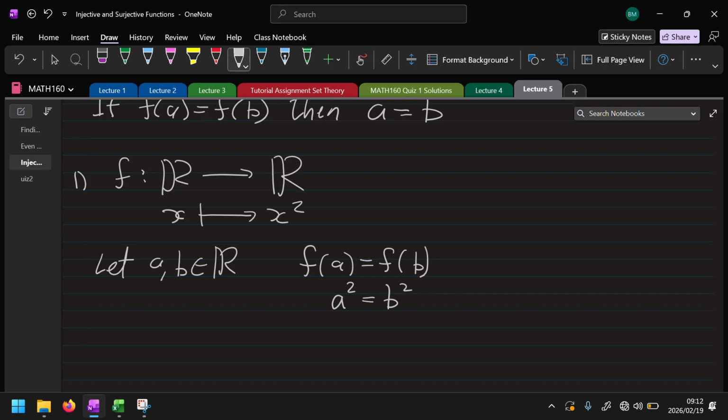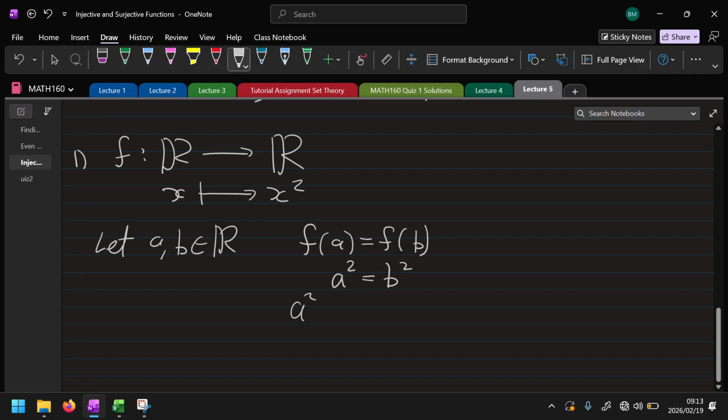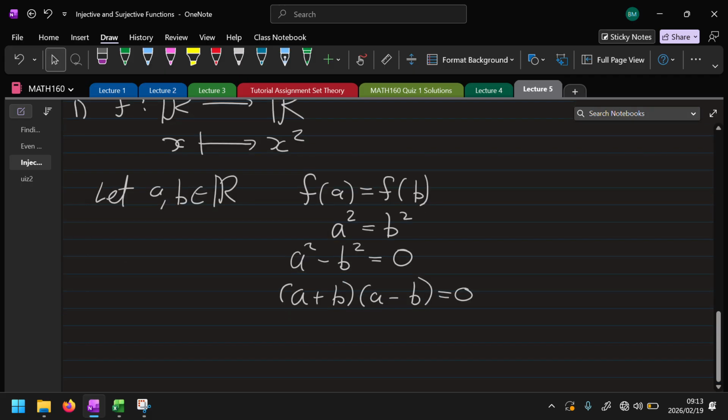Now, please do not fall in the trap of putting the root on both sides. Okay, you're going to make some problems there. Instead, we're going to take everything over to one side and then factor. Here we get two answers, not one.